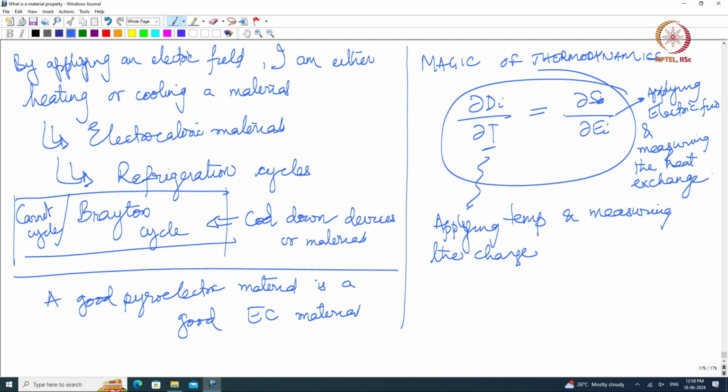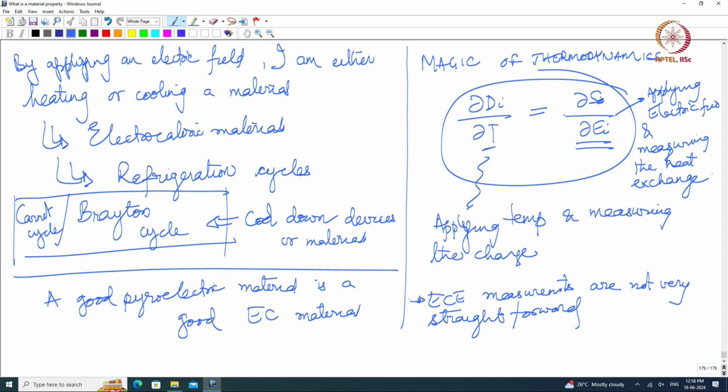Okay. So typically these measurements are hard to do, right. So how do I know how much heat I am putting into the material, right. So the electrocaloric effect measurements are not very straightforward. They are doable, of course.